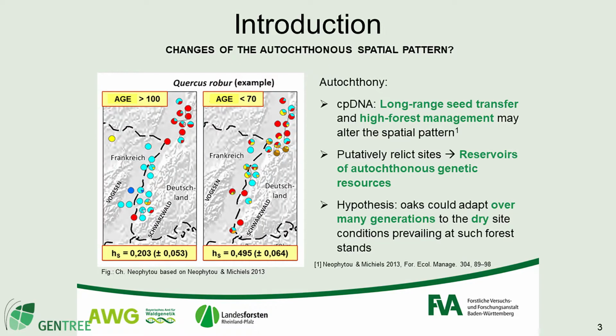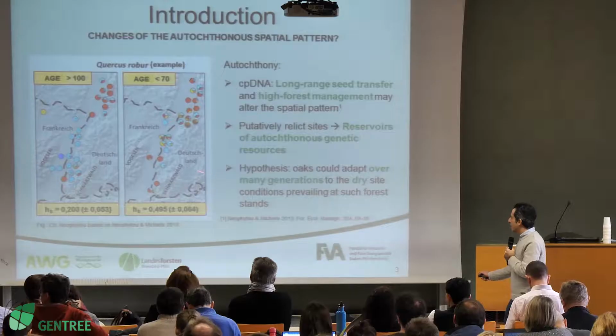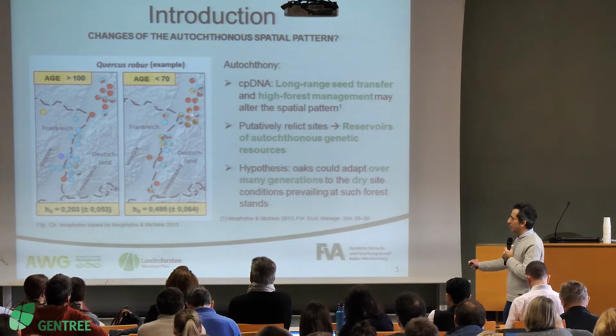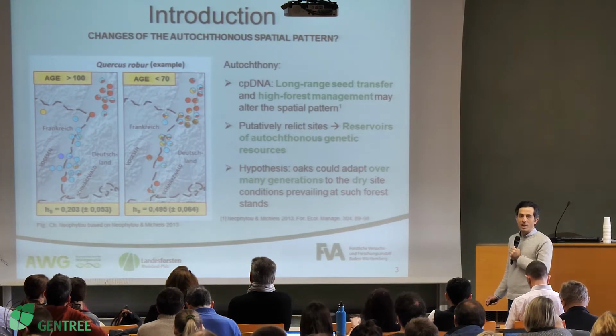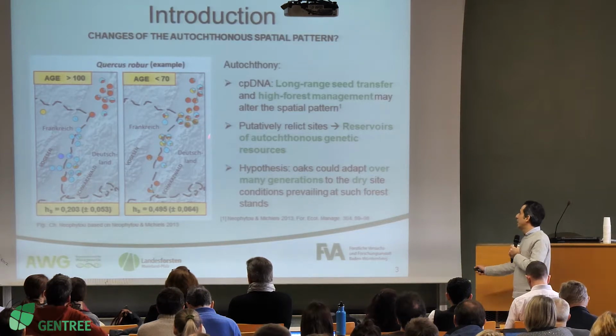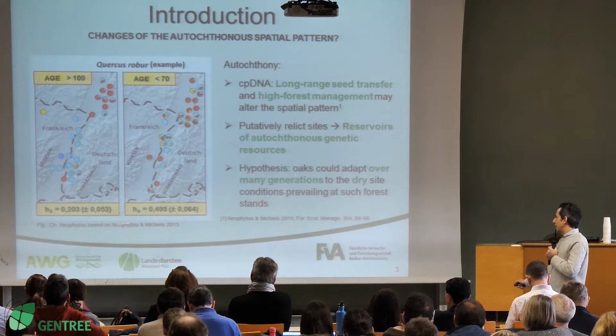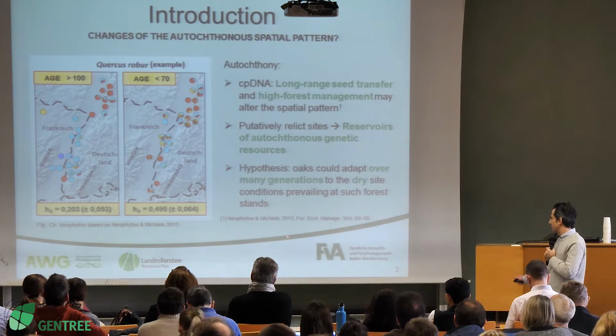We can already see, if we watch the pie diagrams showing the frequency of different haplotypes, that there is a higher degree of mixture within stands. We can find more haplotypes within a stand if we look at younger stands. And the difference is significant.